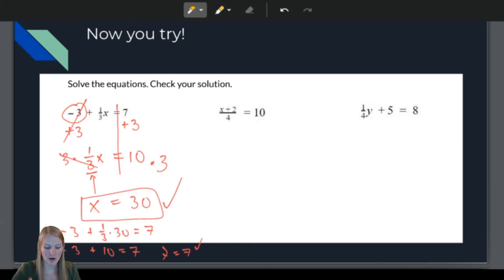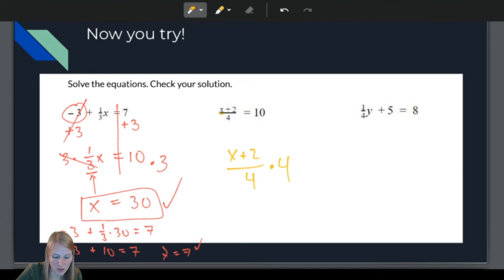Okay, next question. Now look at this. Now the 4 is under everything. I have x plus 2, all of that over 4. So now the 4 is the thing furthest away from the x, so now I need to multiply by 4 first.